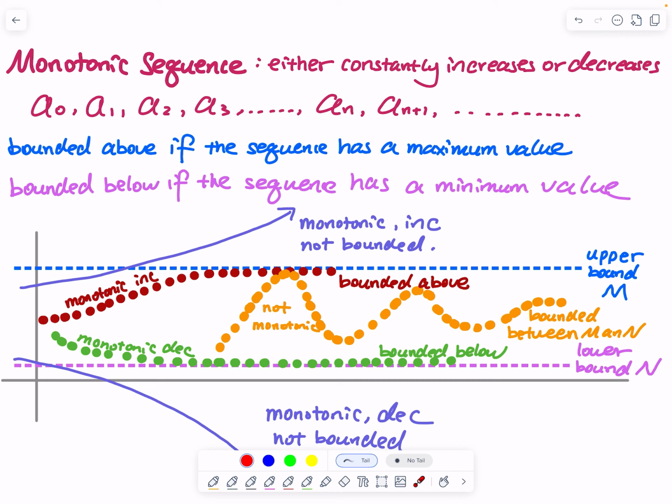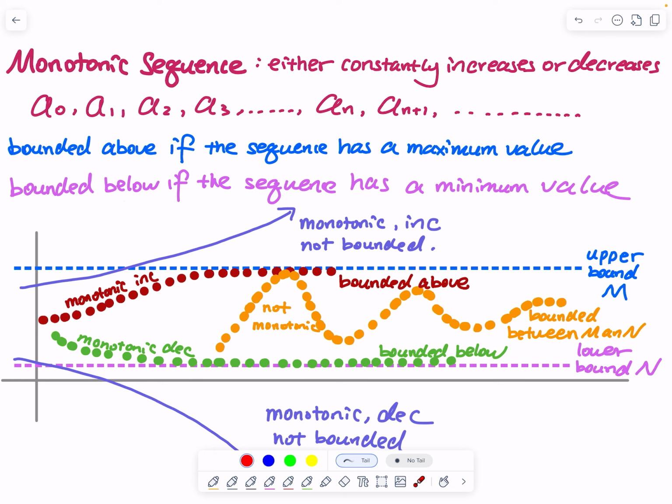So when x approaches infinity, the curve approaches pi over 2, which is increasing and bounded above. Decreasing and bounded below is when x approaches negative infinity, and y is bounded below at y equals negative pi over 2. Back to our sequence, it is bounded below if the sequence has a minimum value.